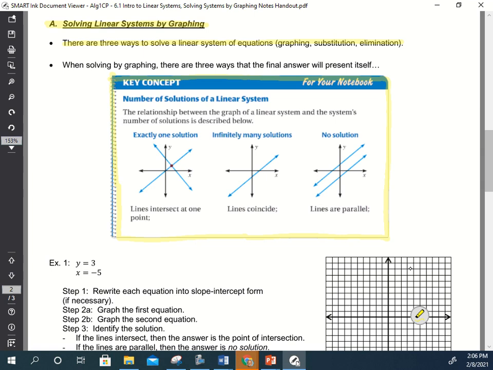So, the first type of answer is that there is exactly one solution. What does it mean to have one solution? You have two lines that intersect. In your notes, you need to put the name, put what it is, a little sketch, so that you know what it looks like, and put what it means.